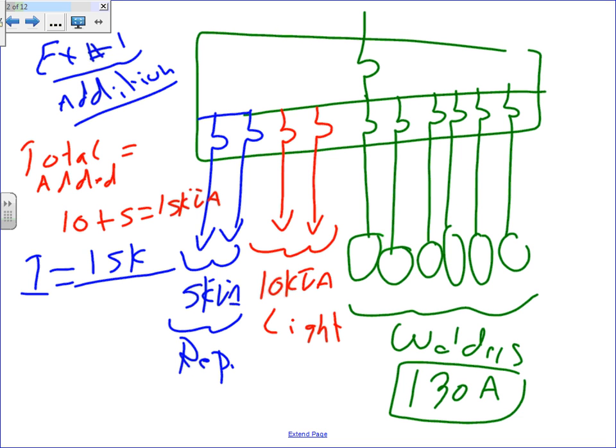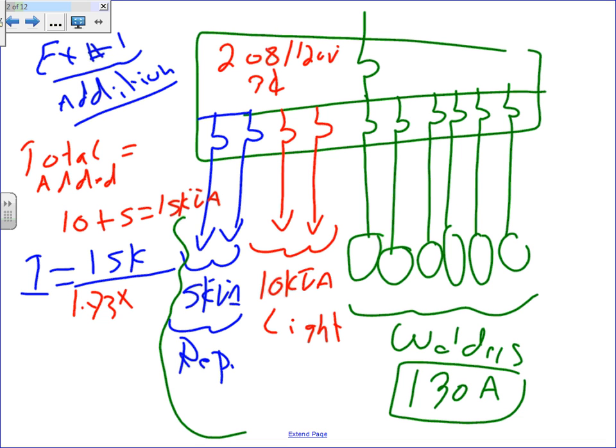Now, Chris, do you agree with me that the voltage system is 208/120 volt, 3-phase? So I need to divide by 1.73 times 208 to find the amps. Can somebody help me? Take the 15K, find the amps.